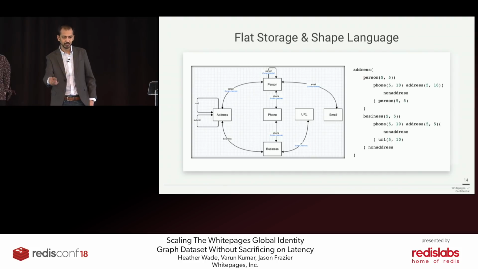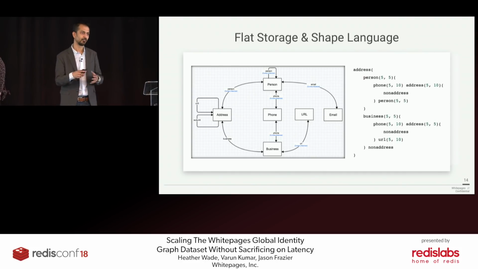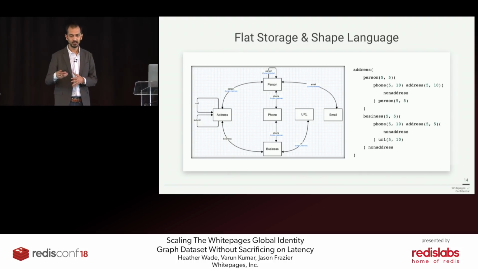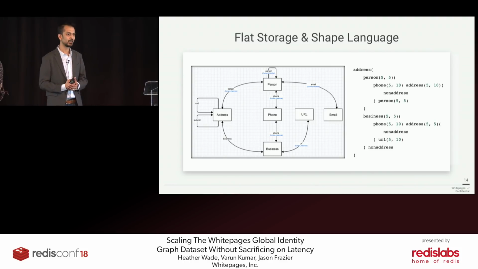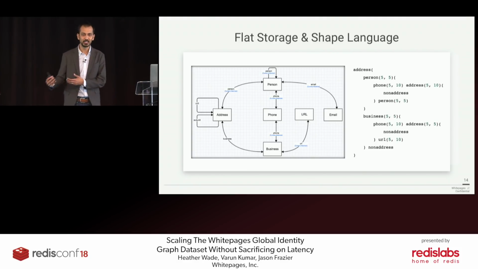So just to get a little deeper into how our graph maps into the flat structure, we use a proprietary shape language. You can call it our version of Cypher, a simpler version of the more complicated or confusing query languages around graph.